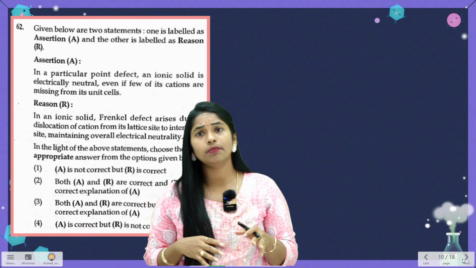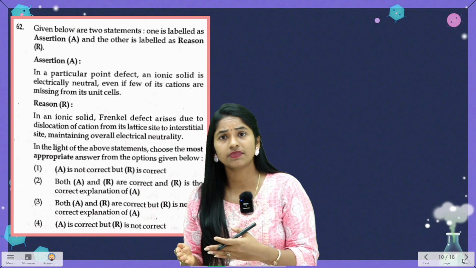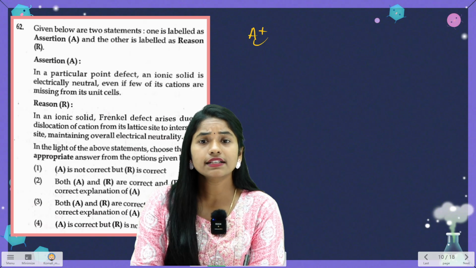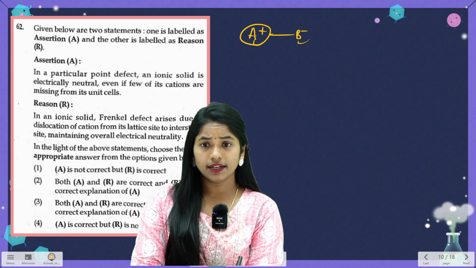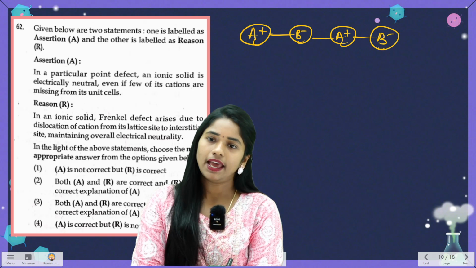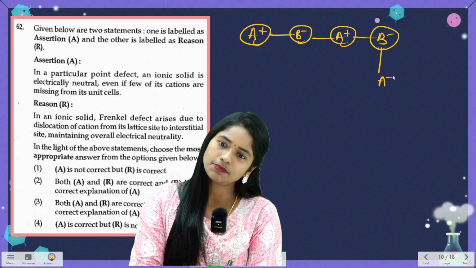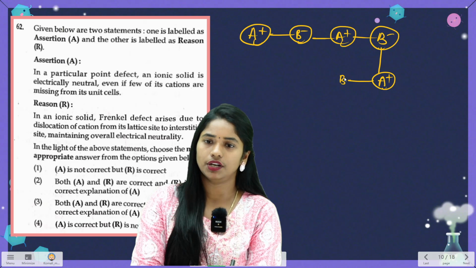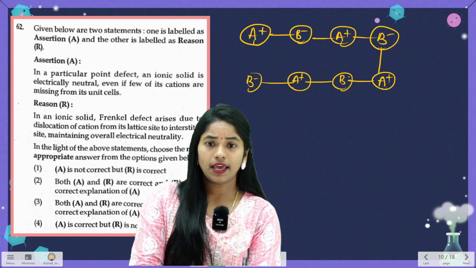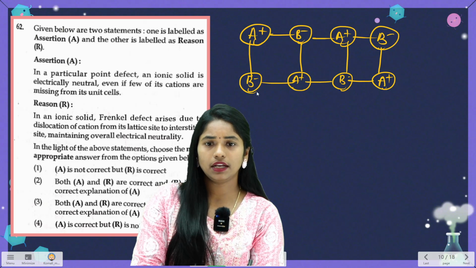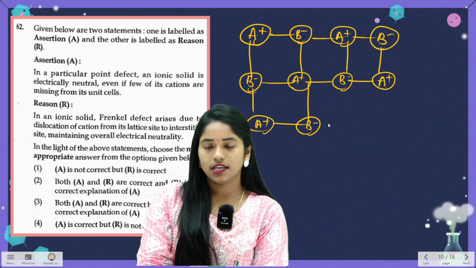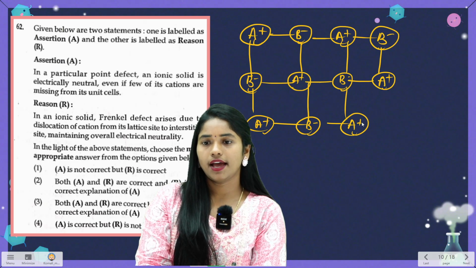Actually, is that possible? If any of the ions are missed from the lattice, it can be. Yes, it can be, because if you see here, this is A plus, B minus, A plus, and here B minus, again this is B minus, so I'll keep A plus here, B minus, A plus, B minus, again then I will make it out here A plus, B minus, A plus, and here B minus.